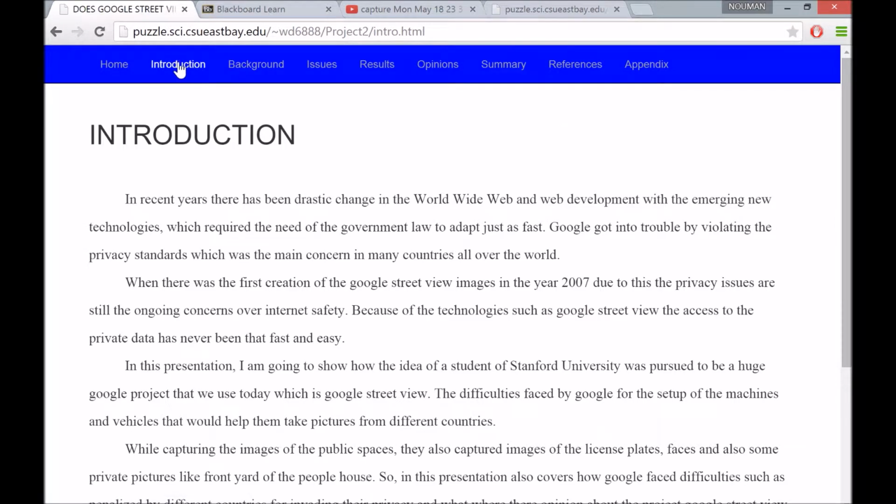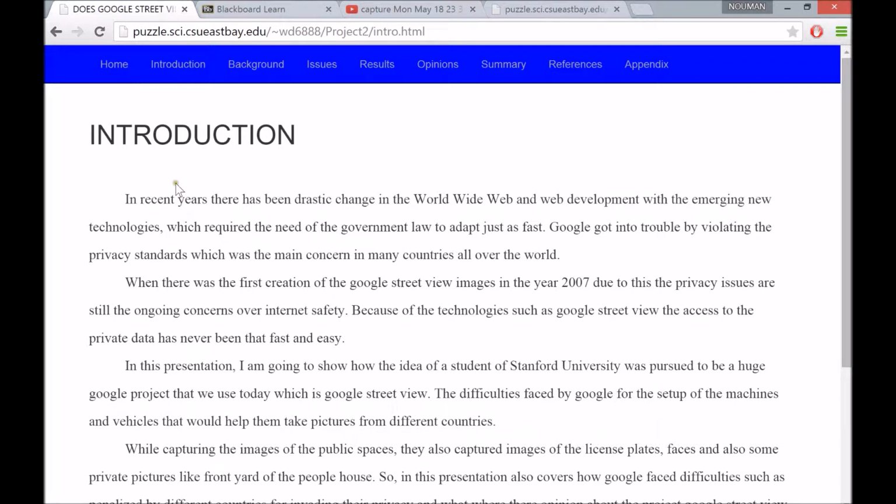Let's get to the introduction. As we know, over the years there have been several changes in technology and web development. Google has also advanced, but it was having trouble with the privacy standards all over the world.